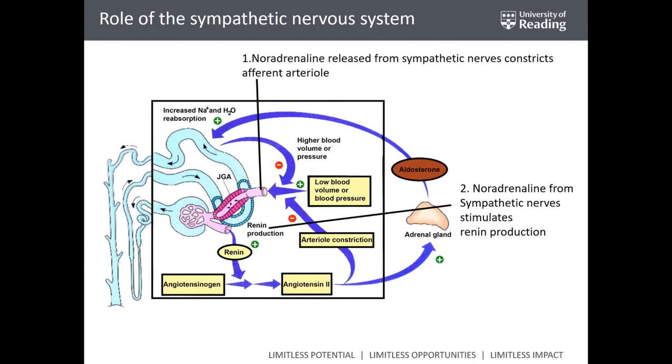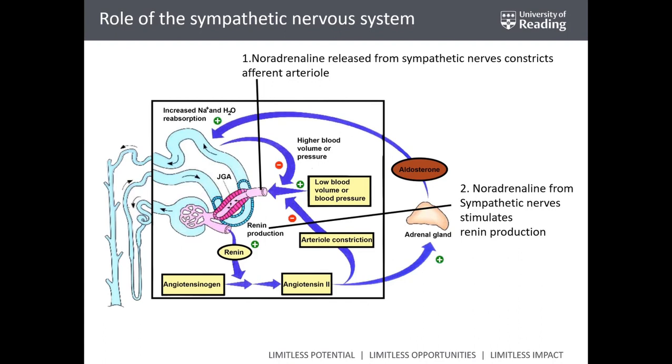So briefly, just to show you in a diagram what I said with words, the noradrenaline released from the sympathetic nervous system leads to the constriction of the afferent arteriole, leading to reduced blood flow into the glomerular system.